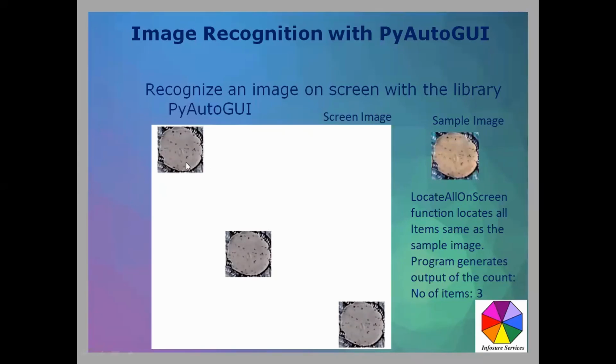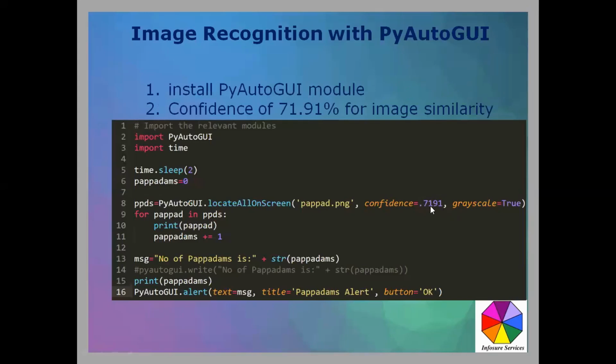Each of those papadums laid down could have a variation from the target image. How well it matches that sample in the target image would have some variation. So if you pick the confidence interval at 71%, that's what this is doing, 71.9, roughly 72 percentage of match is there, you count it as one.